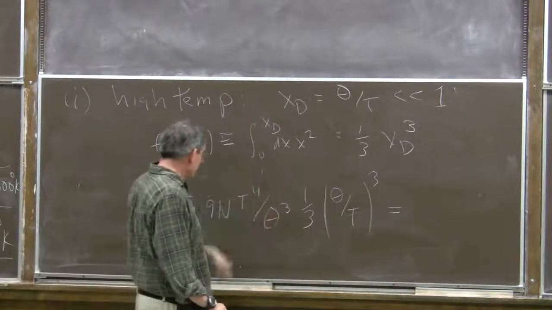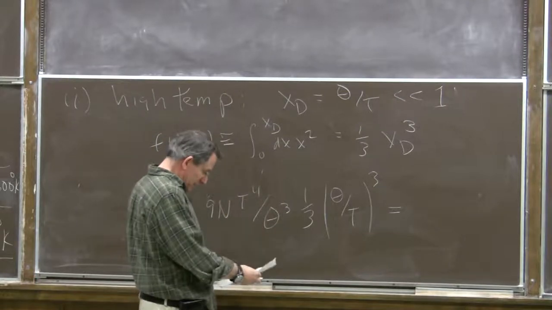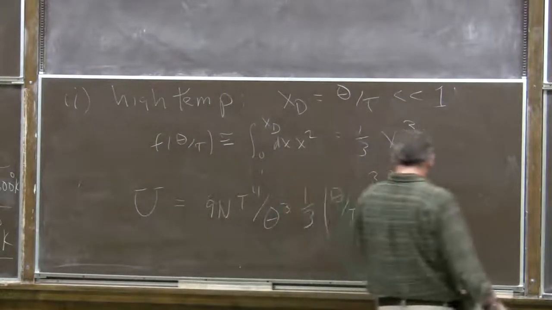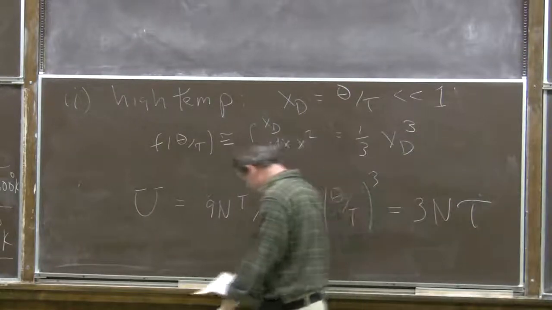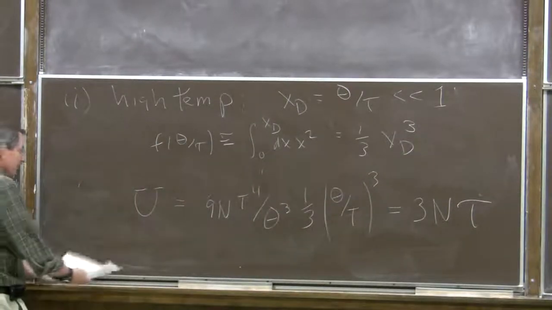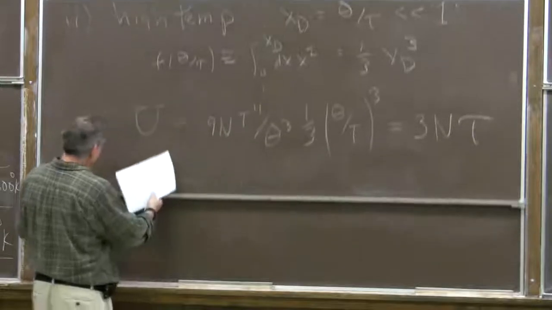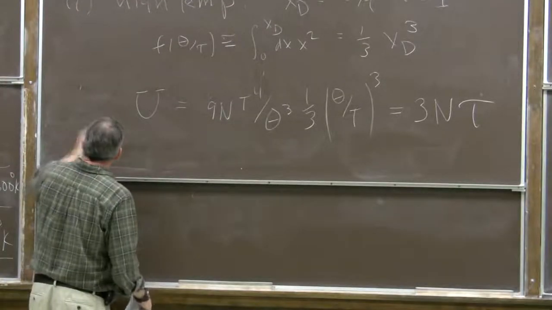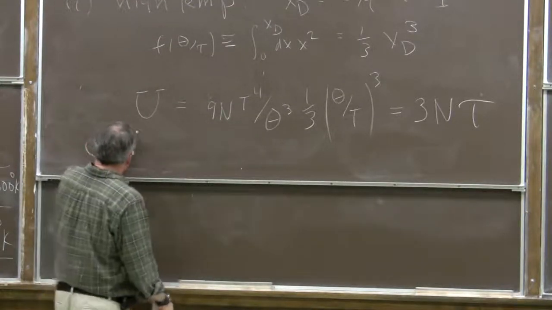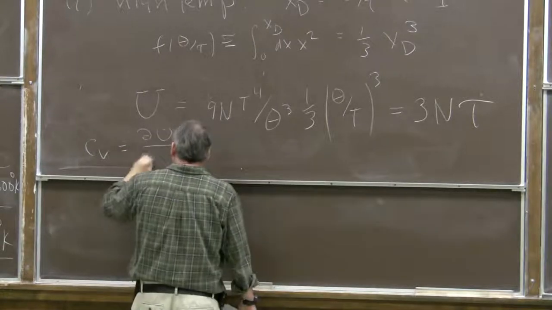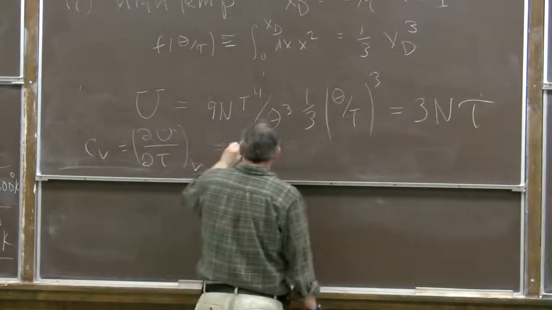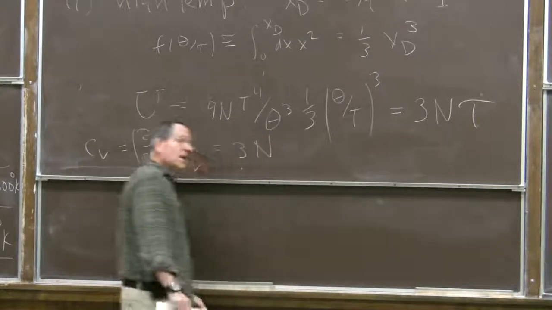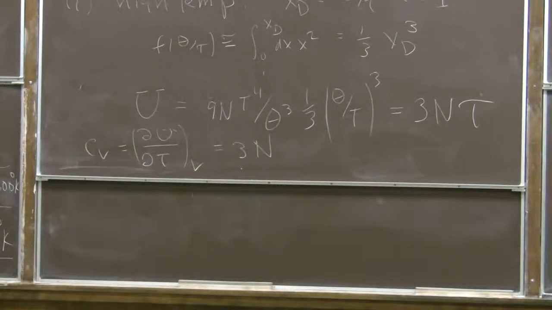Because the thetas drop out, and there's 1 power of tau, and I just get 3n tau. That means that the heat capacity in this case, the derivative of the energy with respect to the temperature, is just 3n. It's just the number of atoms in the crystal. Okay? Doesn't even depend on the temperature.